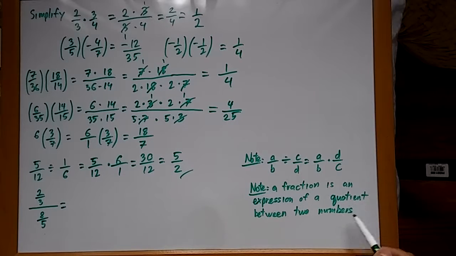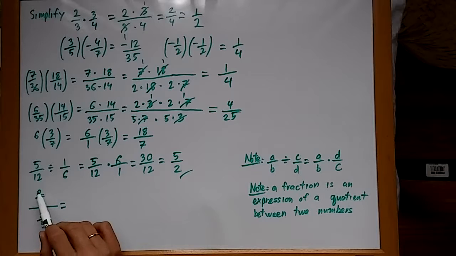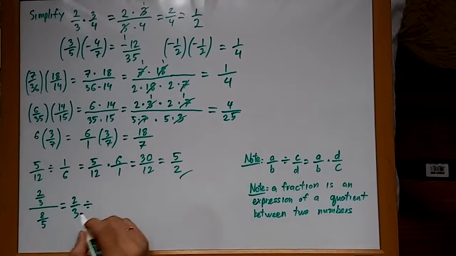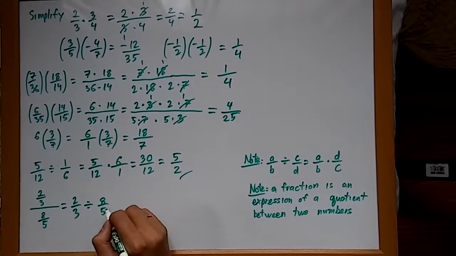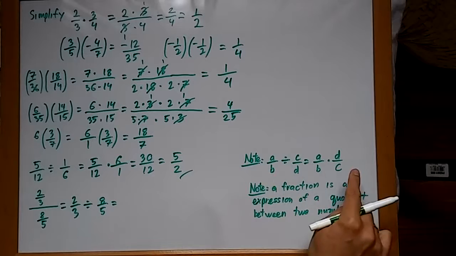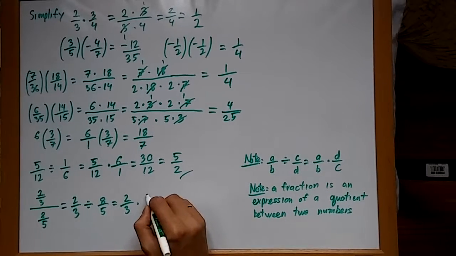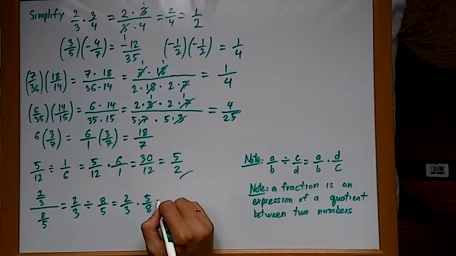Quotient is just a fancy way of saying division. So this means 2/3 divided by 8/5. So just rewrite it as 2/3 divided by 8/5. And by using this fact right here, you can rewrite it as 2/3 times 5 over 8.